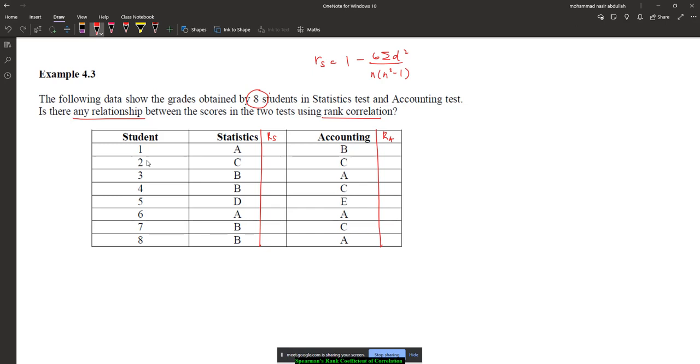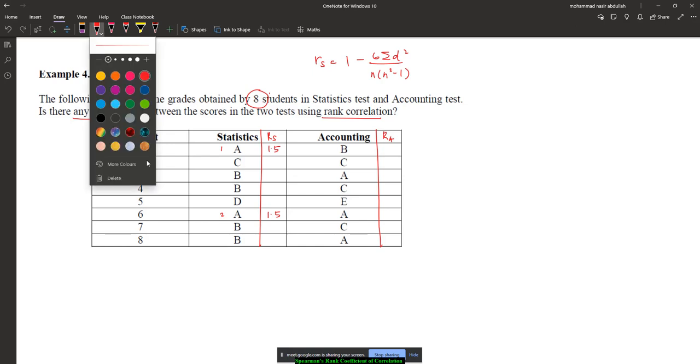We start from the first value, which is A, which will represent the highest value. Let's look at A. We have 1 and 2, two values. 1 plus 2 divided by 2 is 1.5. So A will share the same ranking, which is 1.5.